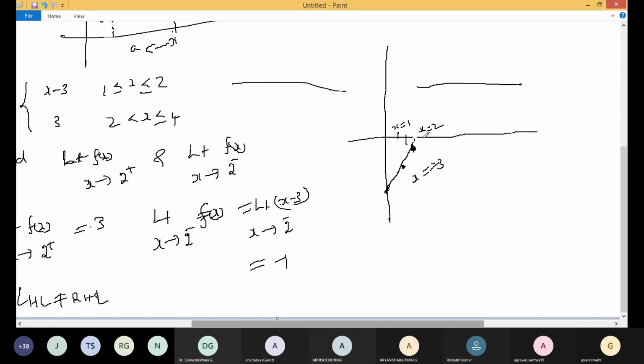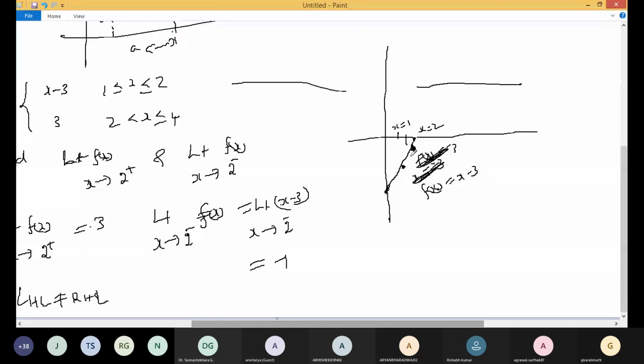Understanding? This side you are approaching means actually this is the graph of x minus 3. So this is the graph f of x is equal to x minus 3. Sorry, this is not the case. So f of x is equal to x minus 3, correct? Now this is the graph you will get. When x is equal to 2, you will get this one. What is that? 2 minus 3 is minus 1.